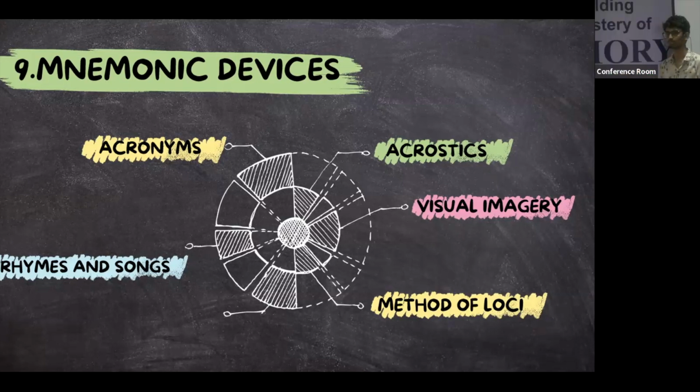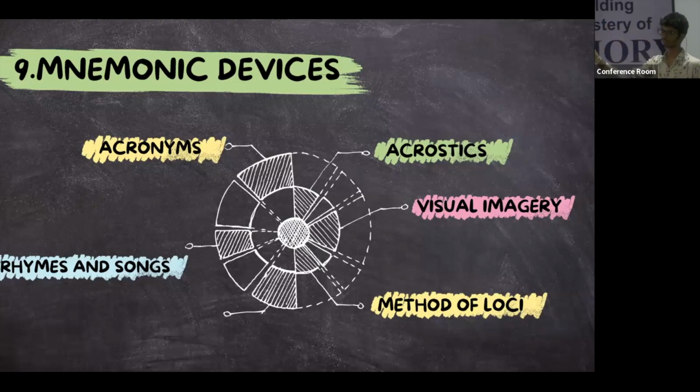And how do you use visual imagery? I remember that when I was in 10th standard, I attended one seminar. In visual imagery, they make various stories. For example, there is a geographical question and the answer is in 5-6 lines.